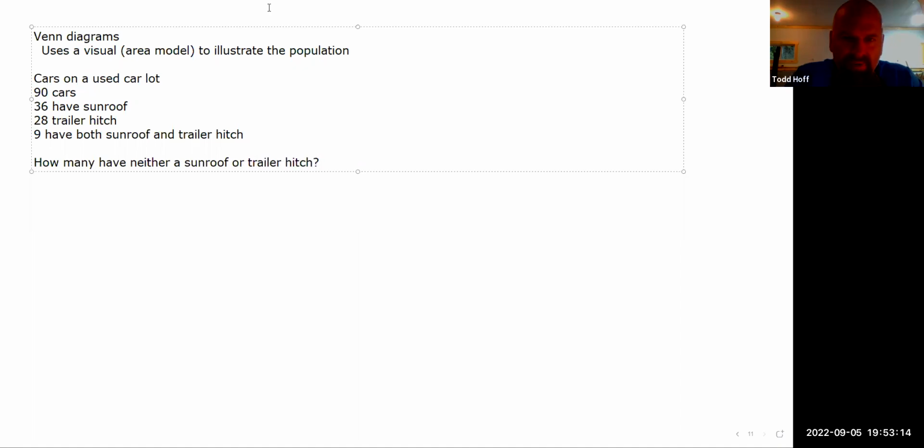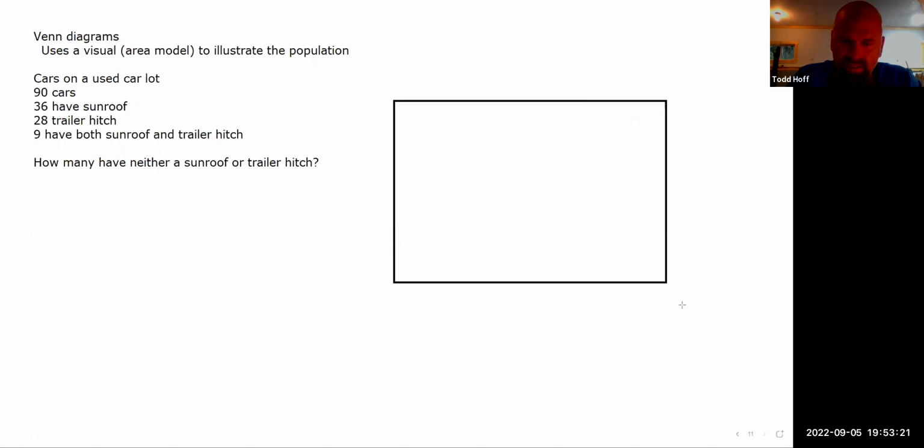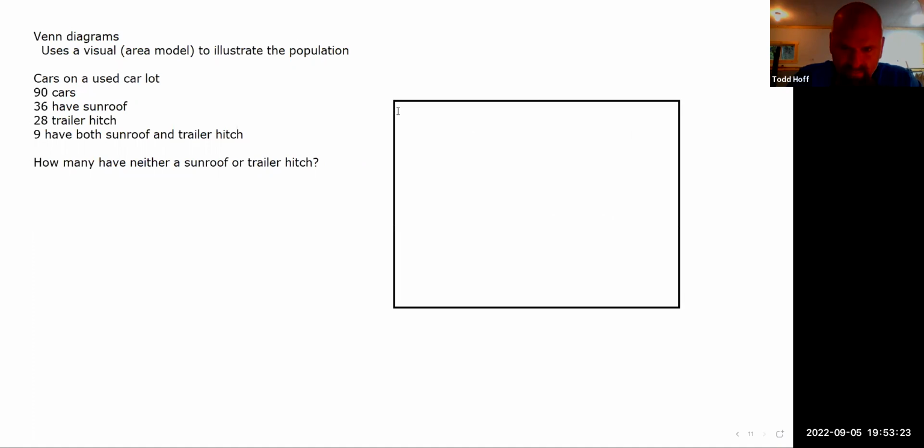Well, this is where the graphic comes in. So let's say that this is our 90 cars. Put this outside that. Inside the square here, we have 36.